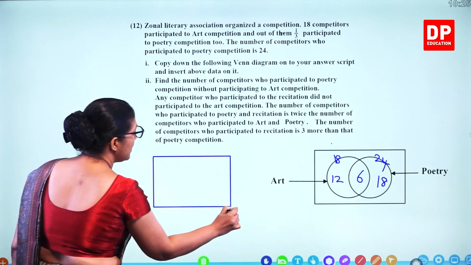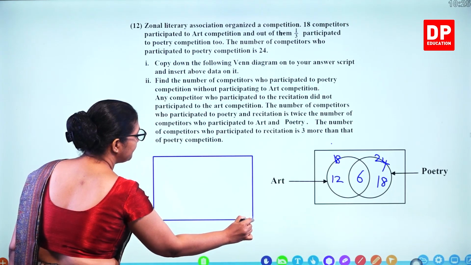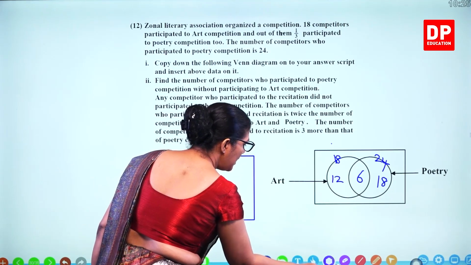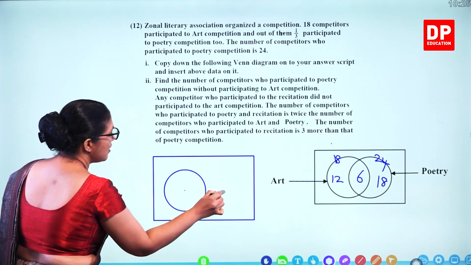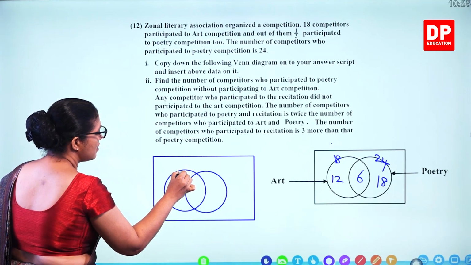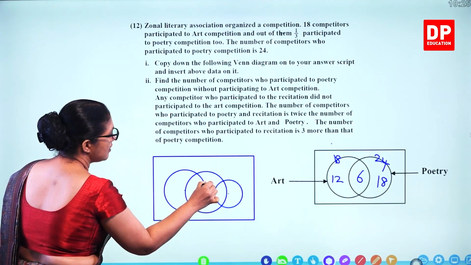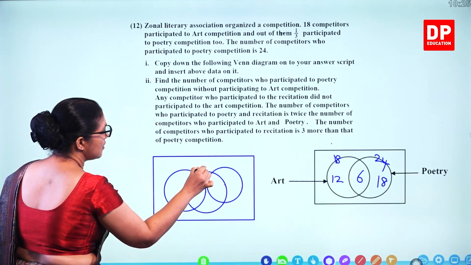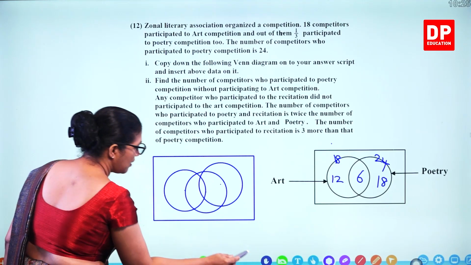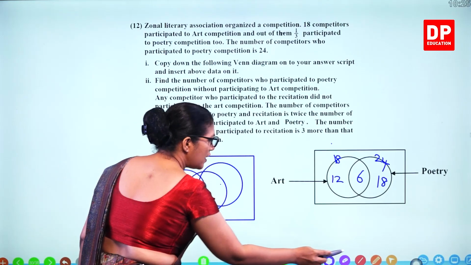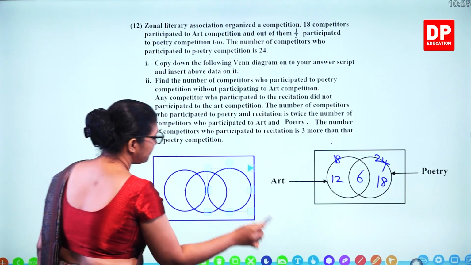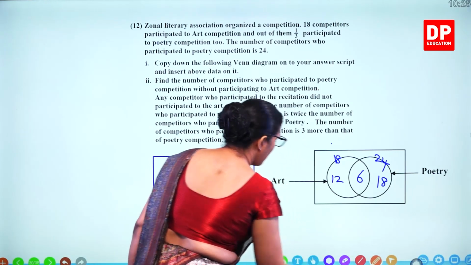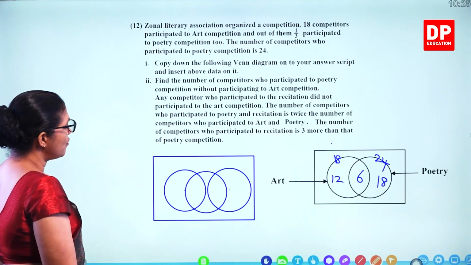So we can draw the rectangle and we need 3 circles. So we'll draw first one, second one, and third one. I'll move it like this. Why did I draw like this?